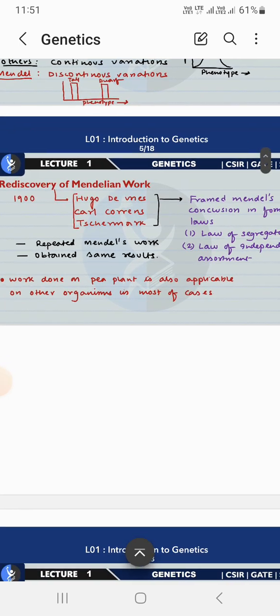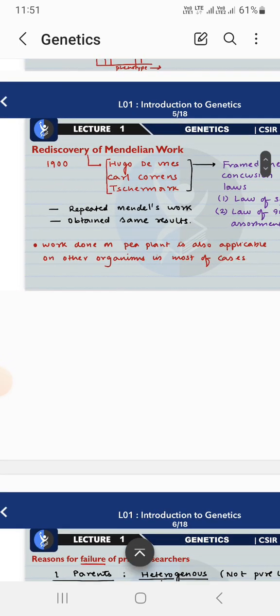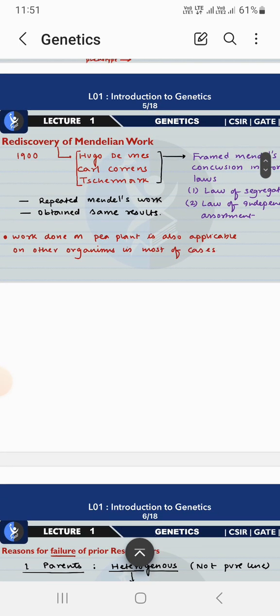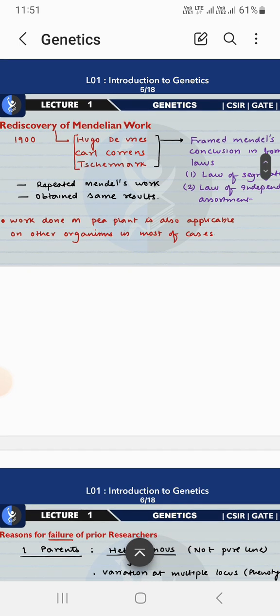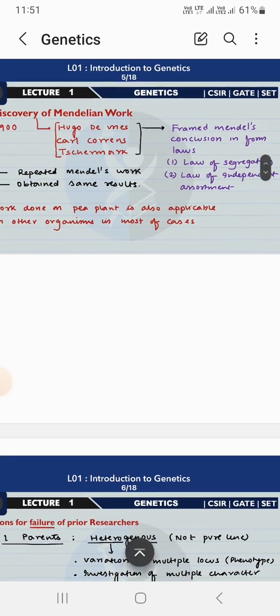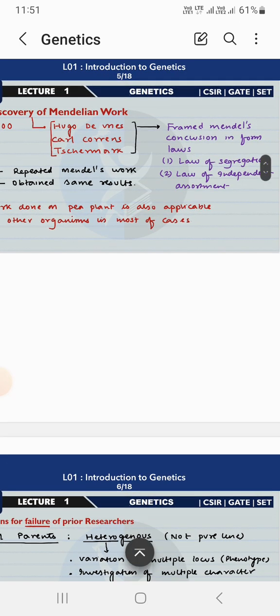Now we talk about the rediscovery of Mendelian work, which was done by Hugo de Vries, Carl Correns, and von Tschermak in 1900. They framed Mendel's conclusions in the form of laws.